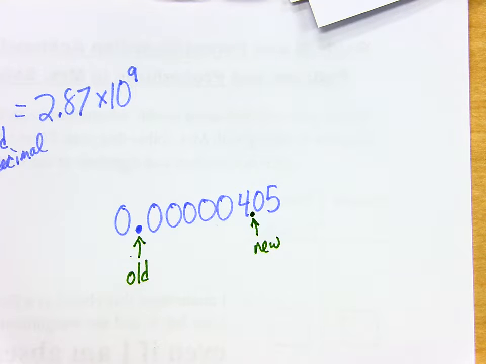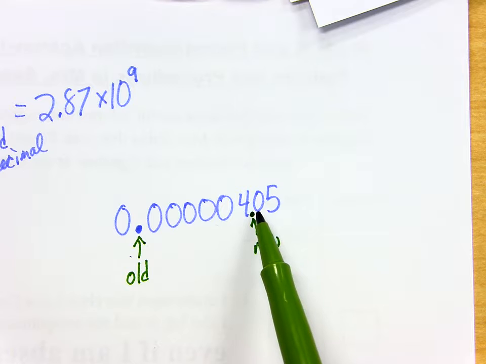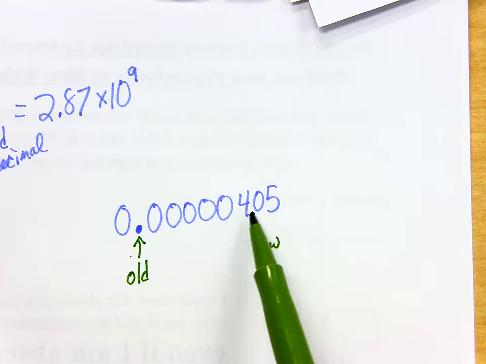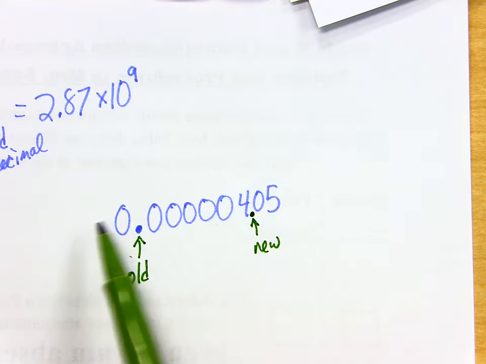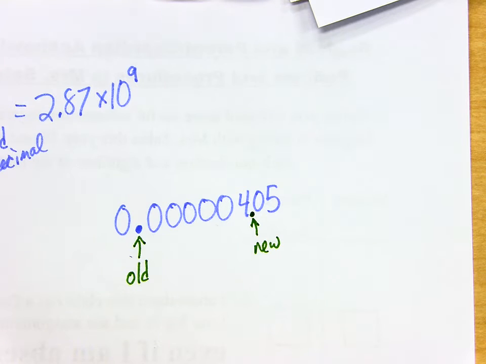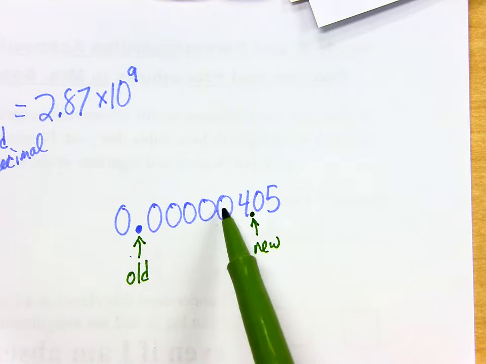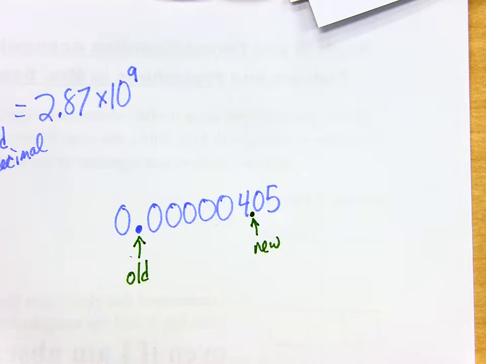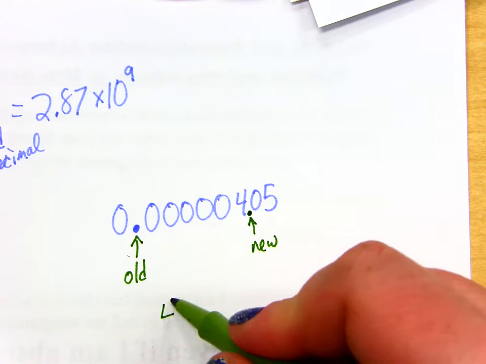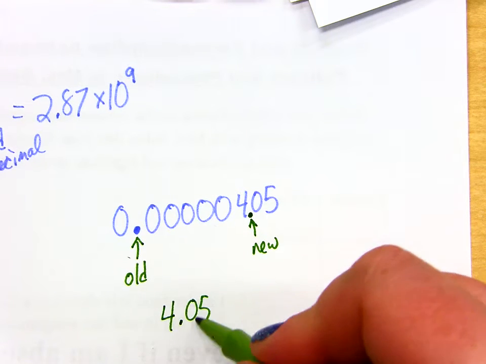Now I drop off the zeros that I don't need. What's up with this one? I keep it. He's in between other numbers, so he stays. It's just these numbers that are called leading or trailing. So all these leading zeros, I don't need them. Sayonara zeros. So my new number is 4.05.